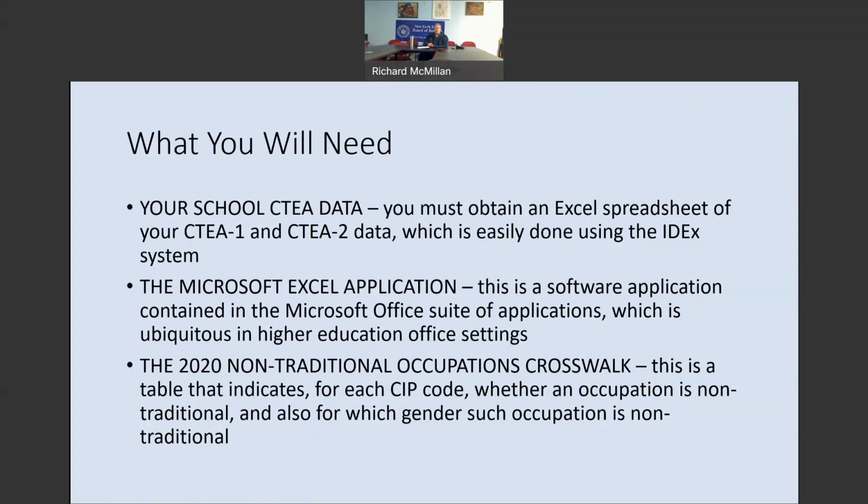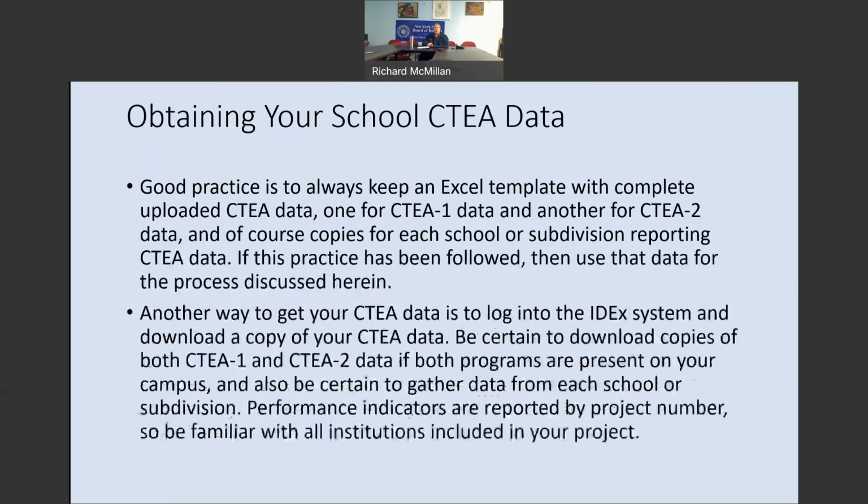Also, the Microsoft Excel application is necessary to use for this process. The 2020 non-traditional occupations crosswalk, which is a table that indicates for each zip code whether an occupation is non-traditional and also for which gender such occupation is non-traditional.